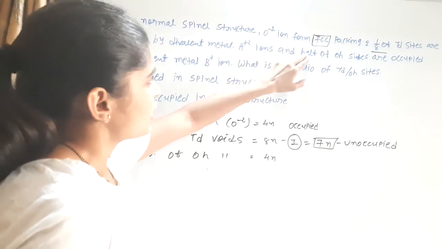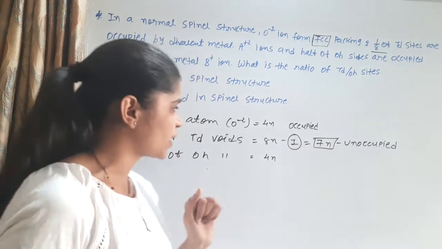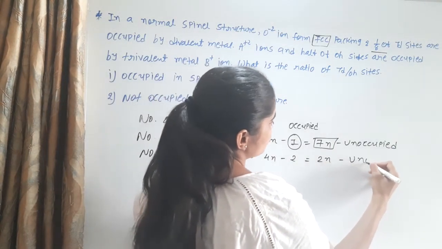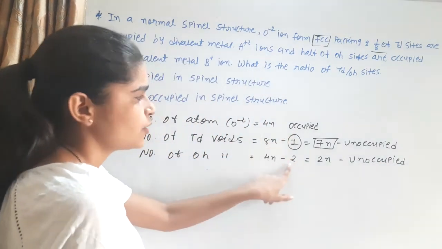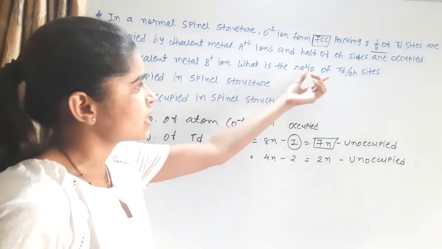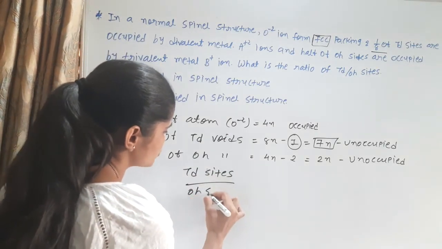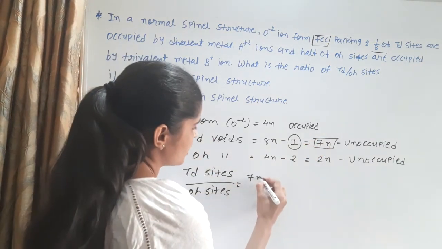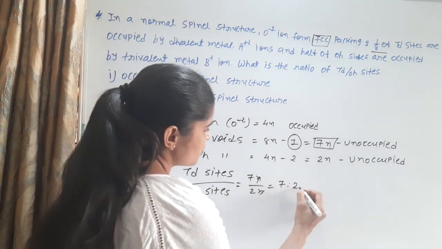Then half of the octahedral sites are occupied, half unoccupied. So this is 4n minus 2, equal to 2n unoccupied. So 7 and 2 unoccupied. Find out the ratio of tetrahedral sites divided by octahedral sites: tetrahedral sites is equal to 7n and octahedral sites is equal to 2n. So its ratio is 7 by 2.